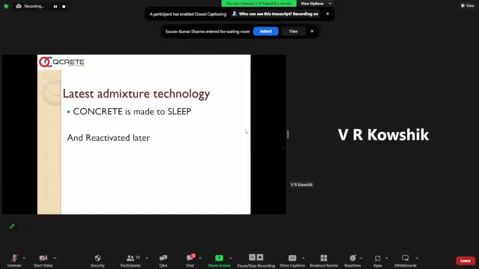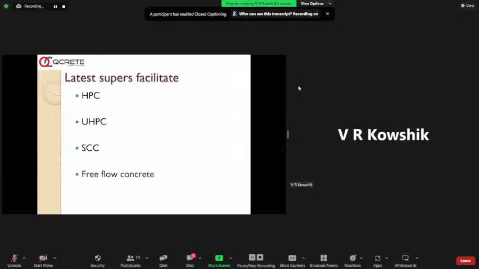For example, we send the concrete for some purpose, the customer does not accept it for some reason, so you have to downgrade it, and that takes some time. So you keep the concrete dormant for some time and then reactivate it later. This is also available, but not used in India. Maybe in tunneling it is used, but not in regular concrete operations.